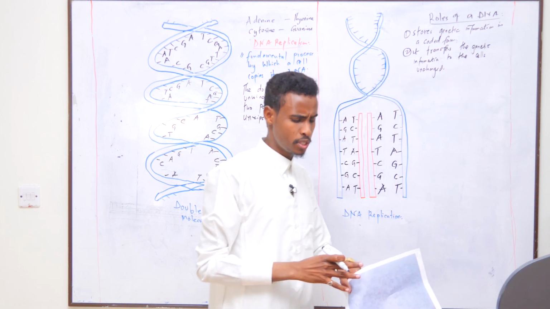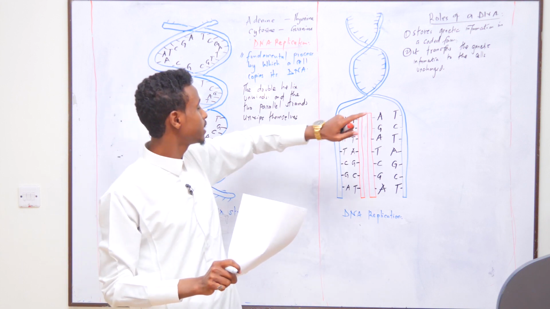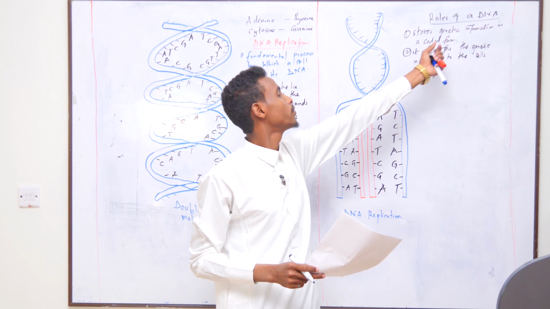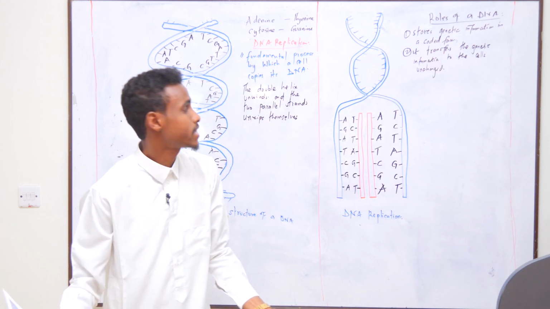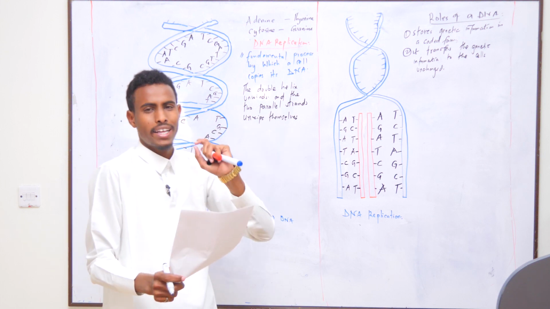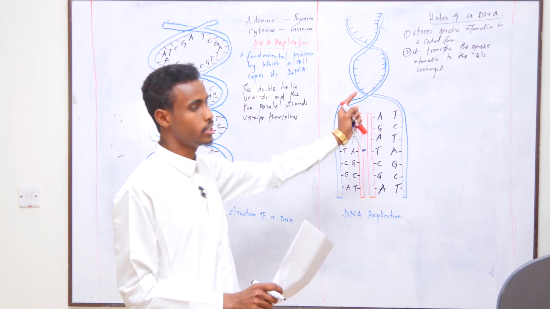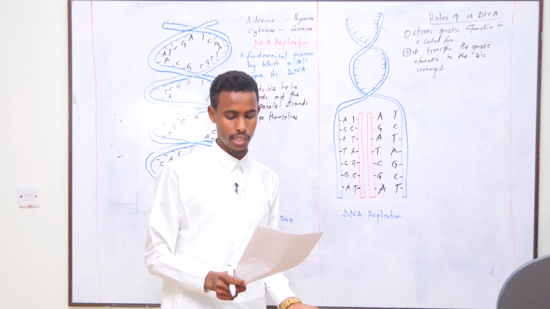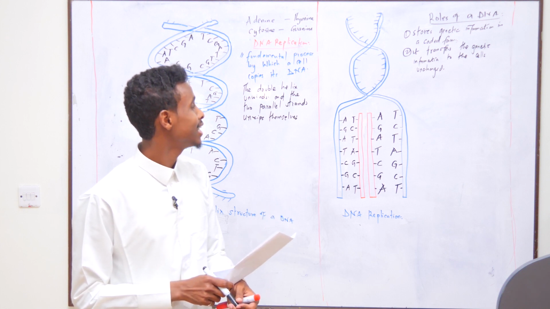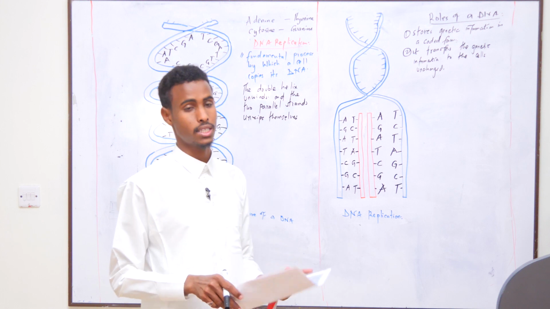That simply means that the genetic information being passed from the parents to the daughter cells is similar to that of the parent, without being changed, and that is being ensured by the deoxyribonucleic acid. Now, lastly, DNA translates genetic information into characteristics.